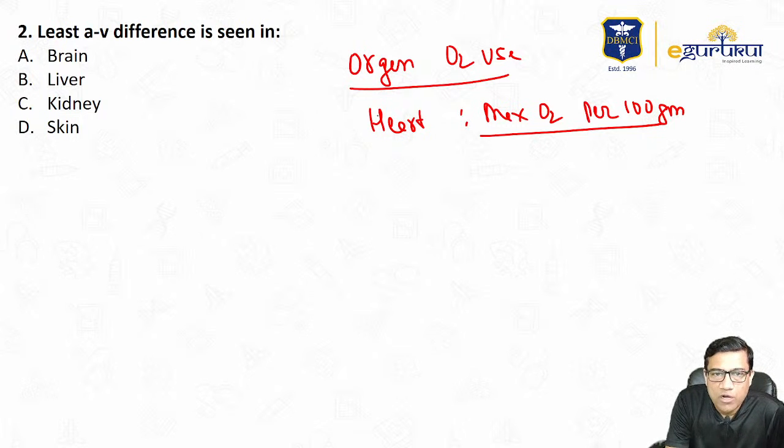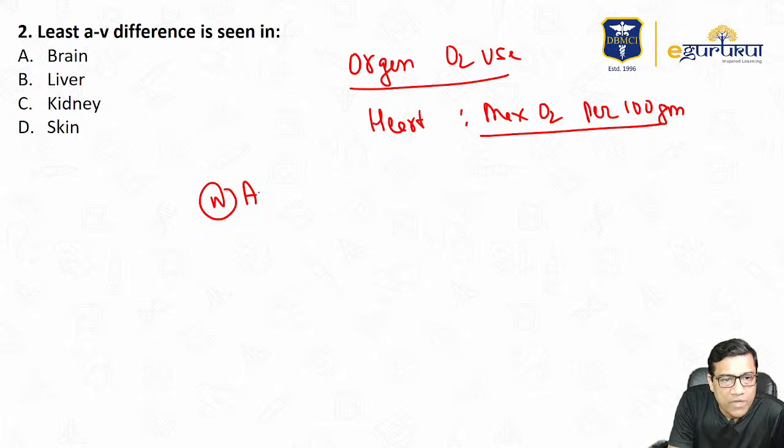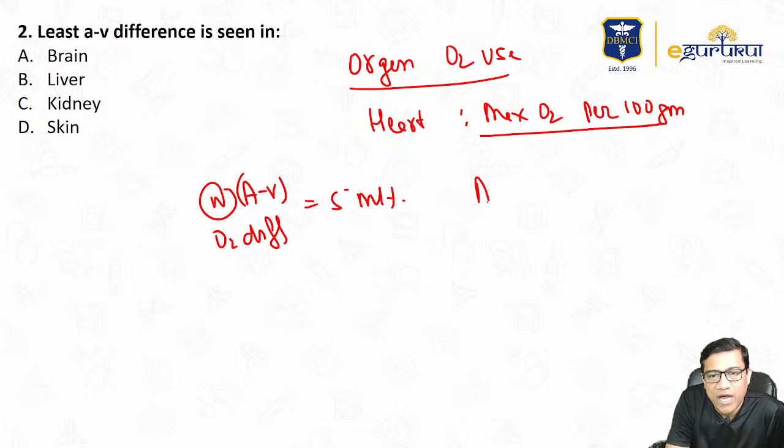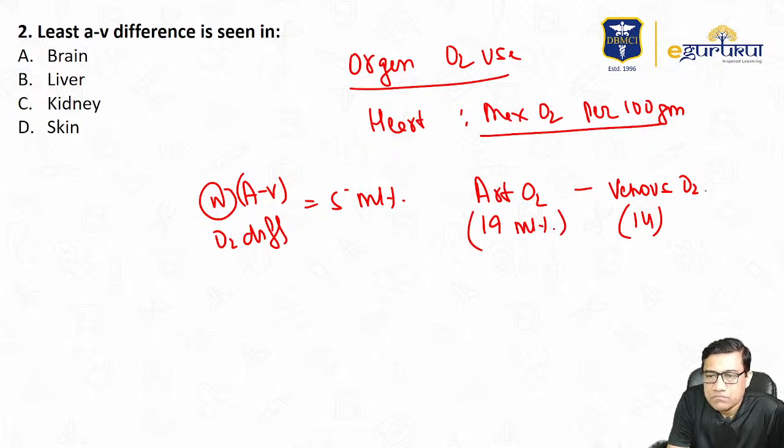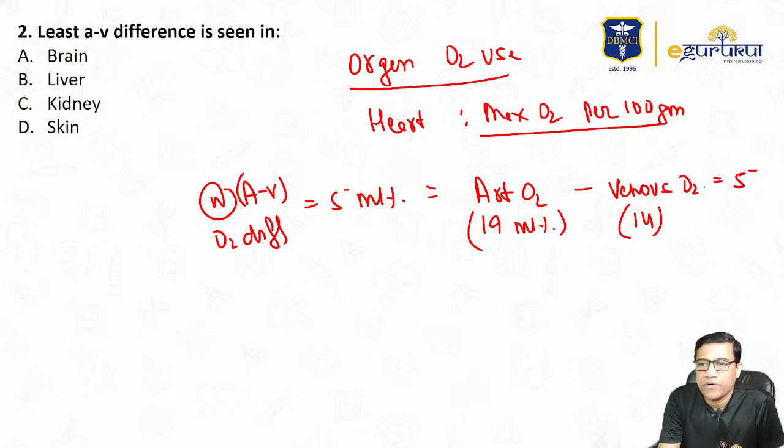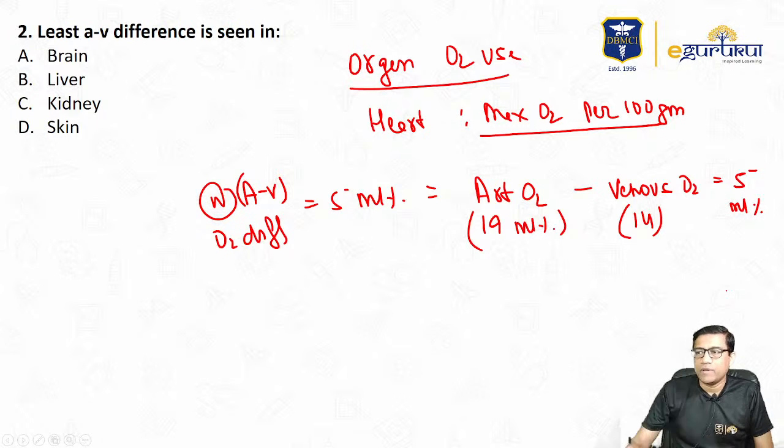Normal arteriovenous oxygen difference is around 5 ml%. How do you get it? Very simple. Arterial O2 is 19 ml% minus venous O2 of 14 gives you a value of 5 ml%.